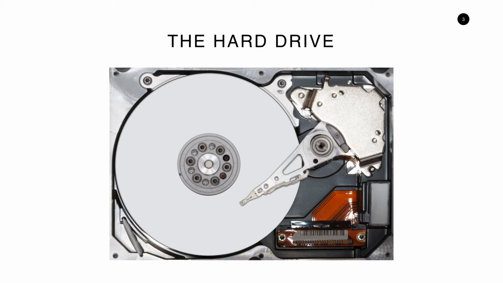This is also why they're fragile and can break. There are a lot of moving parts, and if something goes wrong and you really damage one of these drives, you have to take it to a data recovery place. If it's bad enough damage, it's going to cost a lot of money because they have to open these up in a sterile environment inside of a clean room, and that's where your cost can all of a sudden go from a few $100 to a few $1,000s.